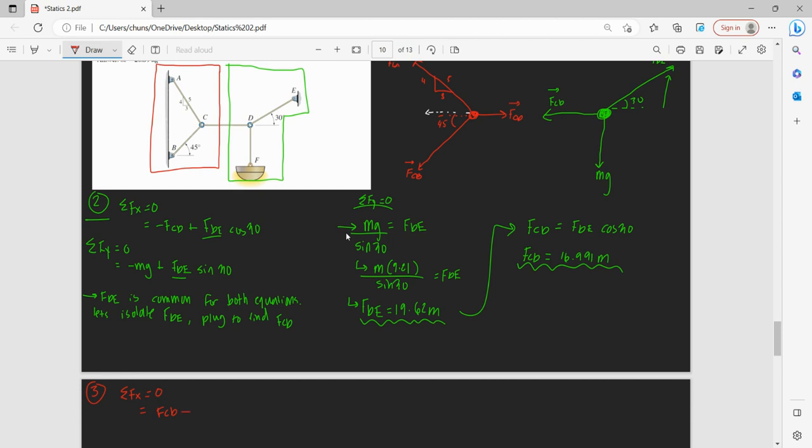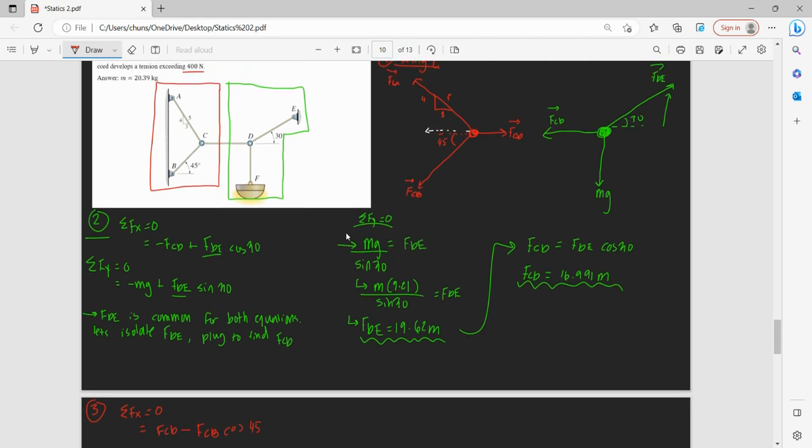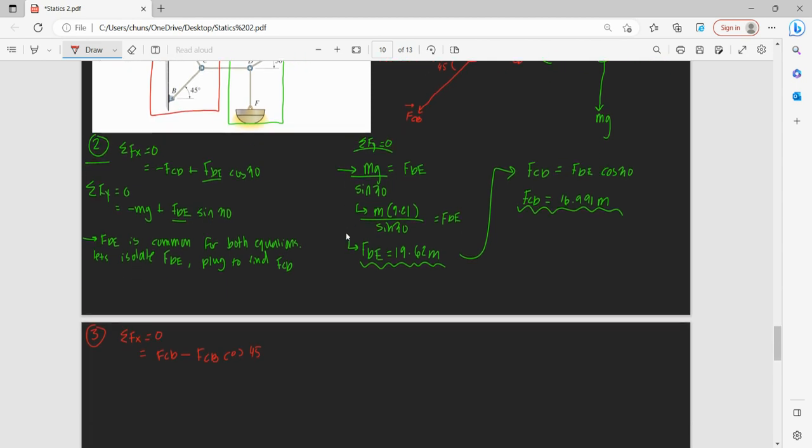That's negative x component of our FCB cos 45, and FCA in our negative x direction, FCA, and then we'll just use our ratio instead of our angle, do 3/5.